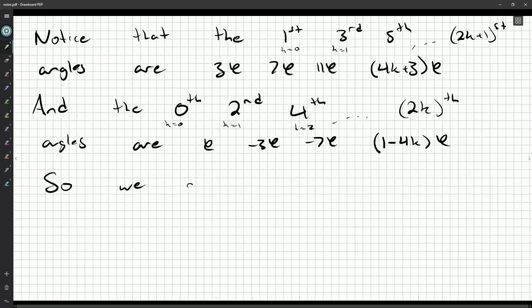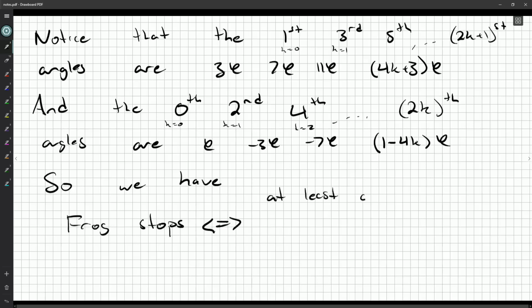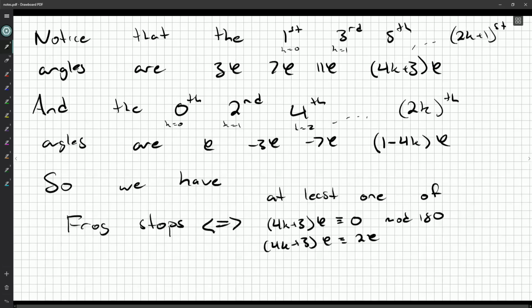So we have the frog stops exactly when at least one of these, so at least one of, how do we want to say this, 4k plus 3 times phi is congruent to 0 mod 180, or 4k plus 3 phi is congruent to 2 phi mod 180, or 1 minus 4k phi congruent to 0, or 1 minus 4k phi.